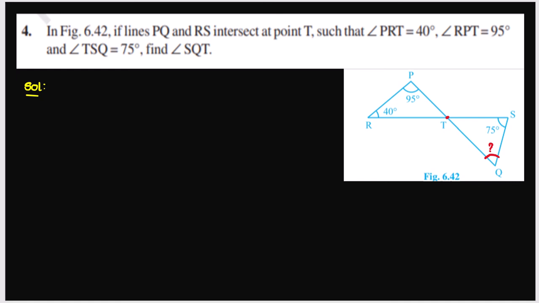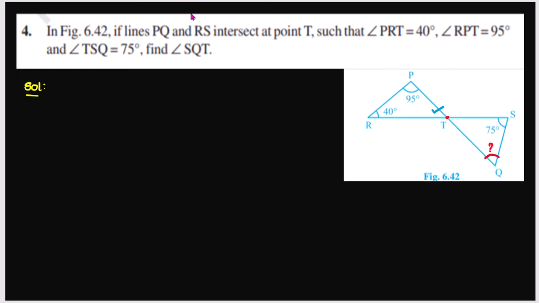Now angle PTR and angle STQ are vertical opposite angles, so we can find angle STQ also. Now in triangle STQ, two angles we will have, so it is easy to find angle SQT, which is asked. So we apply angle sum property, vertical opposite angles, and once again angle sum property. That is the approach, children.